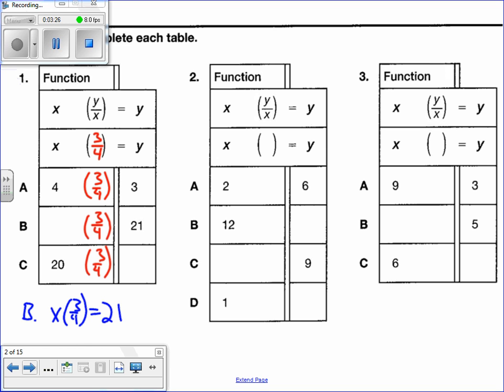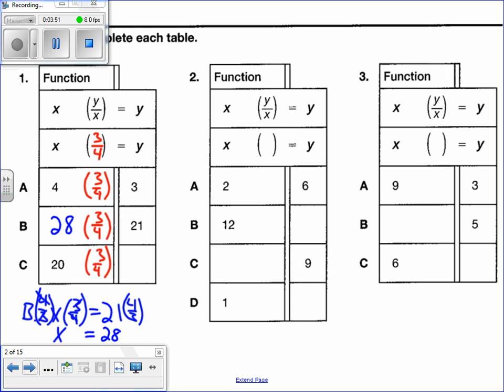Now to solve this for x, I would need to multiply by the reciprocal. When I do that, over here on the left side, my 4's and my 3's cancel each other out. I'm just left with the x. And when I do 21 times 4/3, that equals 28. So for this one, x is 28.